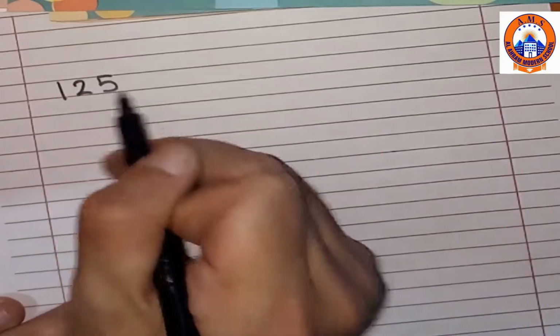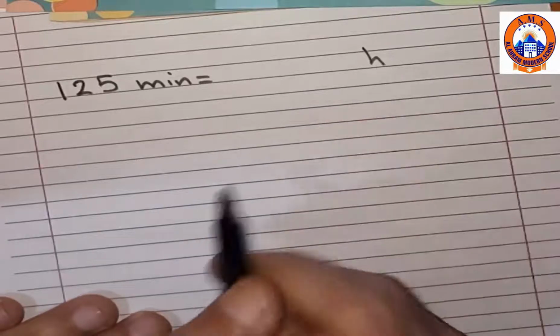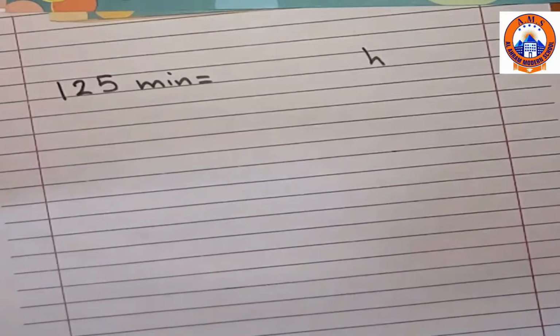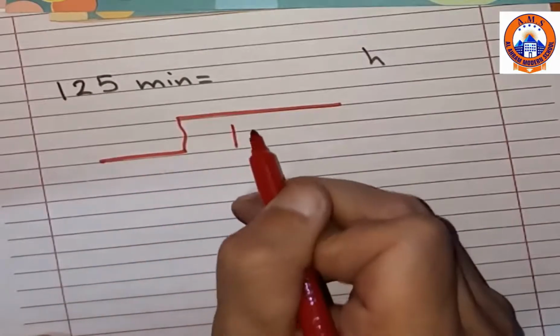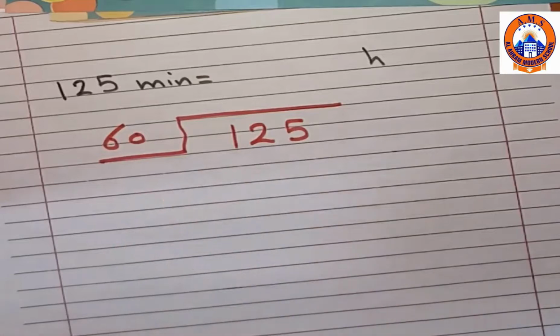To change 125 minutes into hours, we have to divide 125 by 60. I'm going to do a long division. Here is 125, and we will divide it by 60.